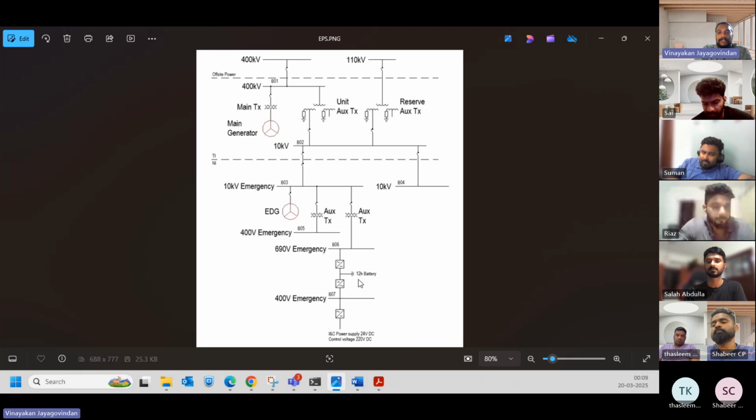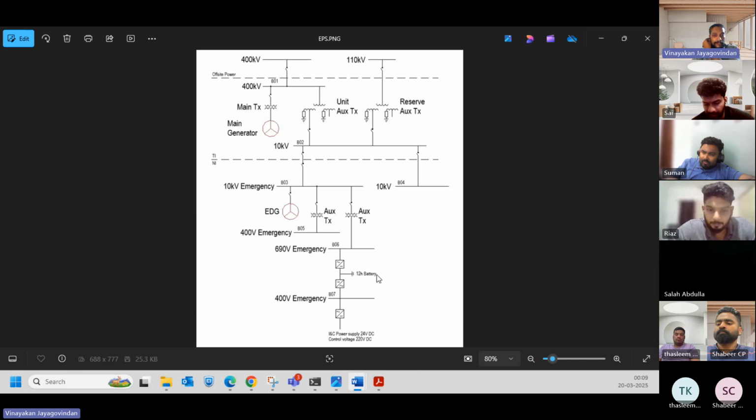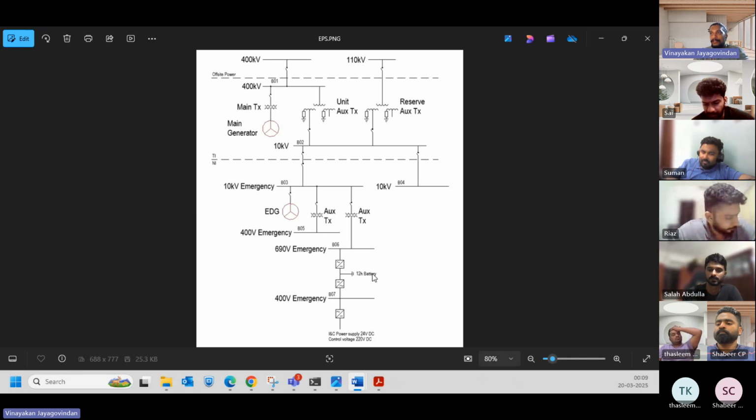For 690 volt we are using the UPS. Here are the UPS batteries, and these UPS and batteries are designed to provide immediate power for a short duration during the power disruption, usually up to 12 hours.